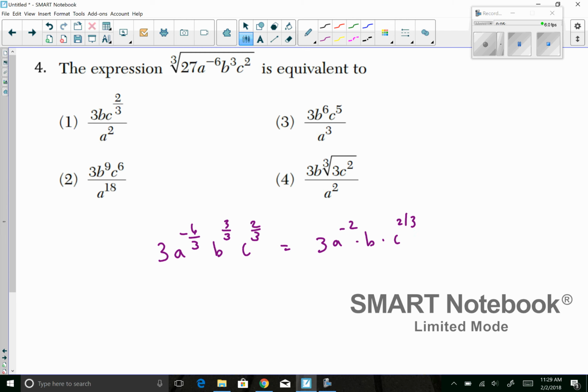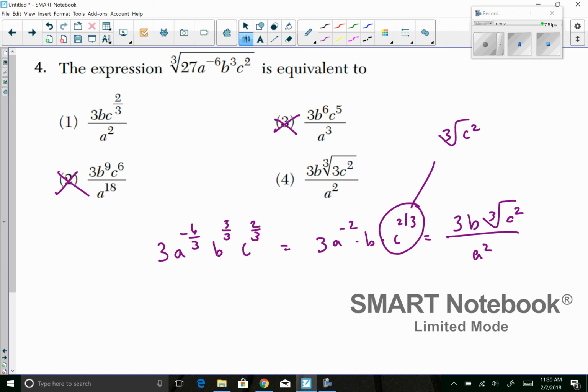I don't want a negative exponent because I notice none of my choices have a negative exponent. So I'm going to rewrite that so that the a squared is in the denominator, meaning it's not choice 3 and it's not choice 2. And in the numerator, I'm left with a 3, a b, and I have a cube root of c squared, because this should be the cube root of c squared.